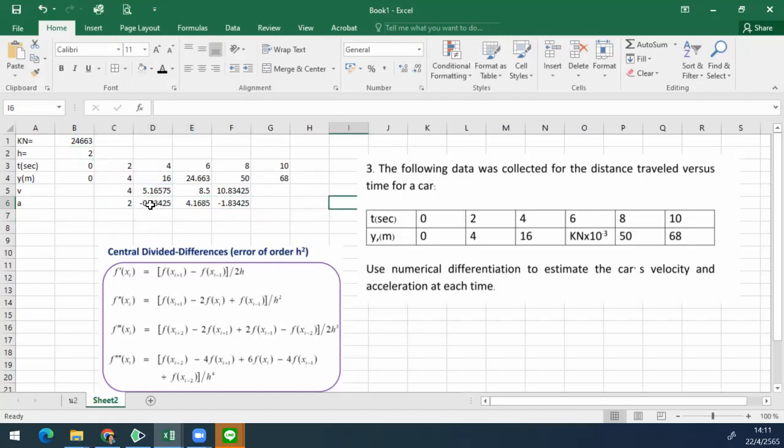Okay, we already have the velocity and acceleration rate now.